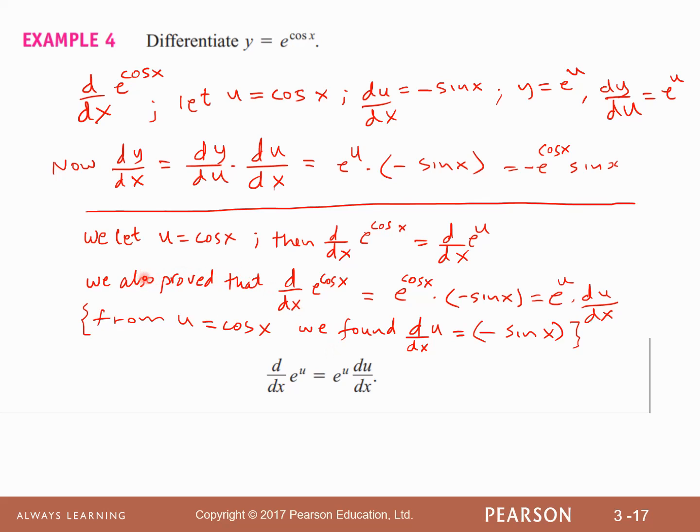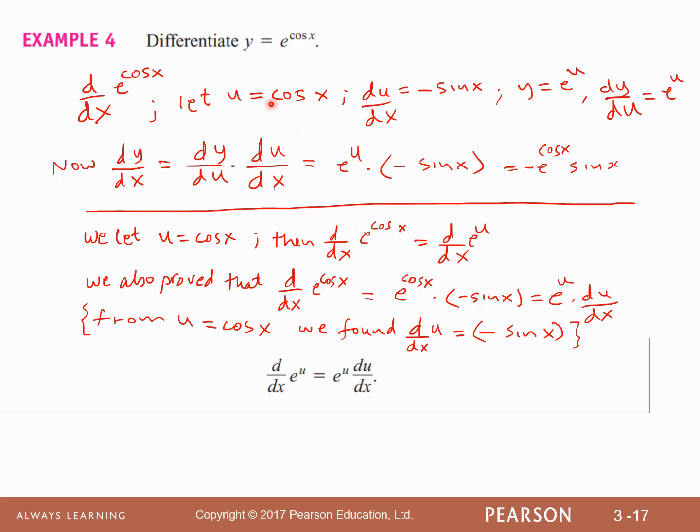We also proved that d by dx of e to the cosine x equal to e to the cosine x multiplied by negative sine x, which is a proof that this derivative is equal to this value. Let's get this cosine x changed to u.